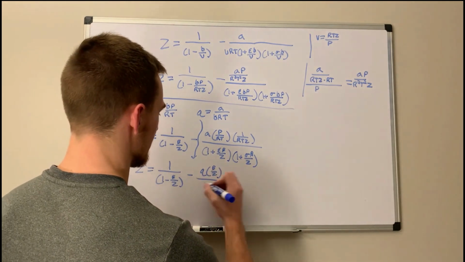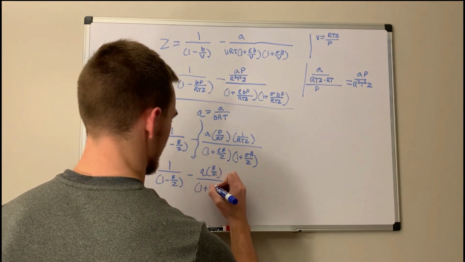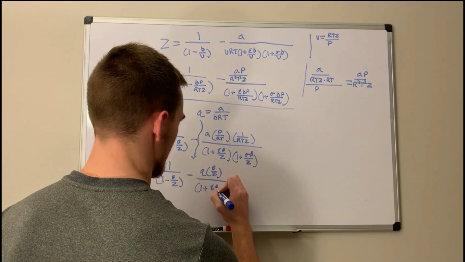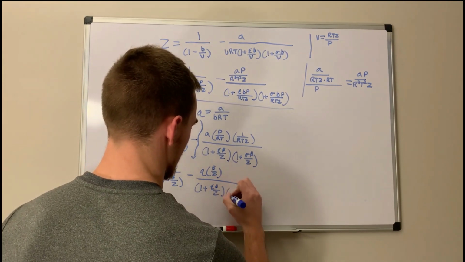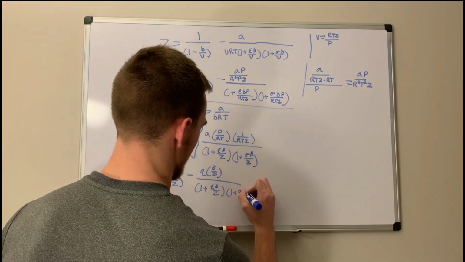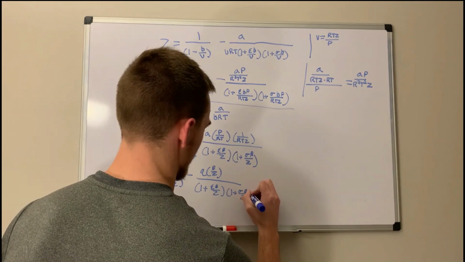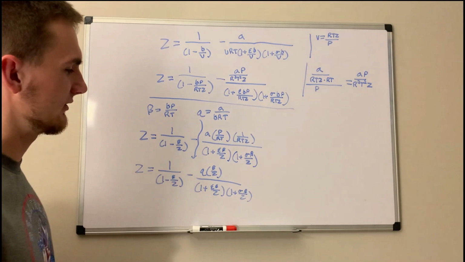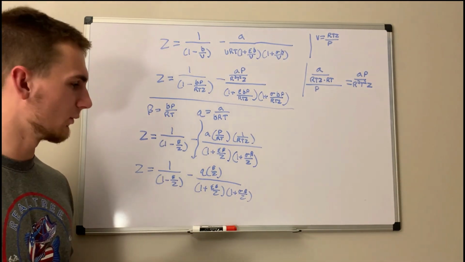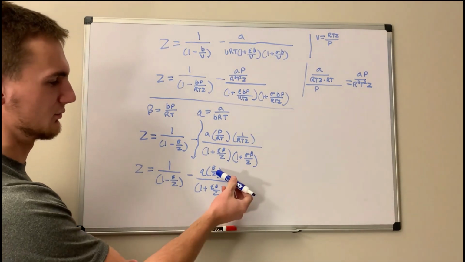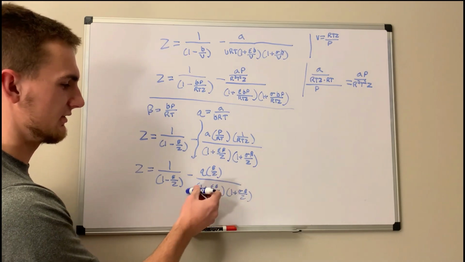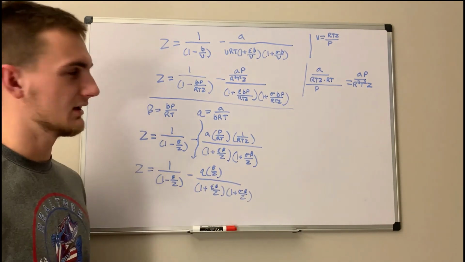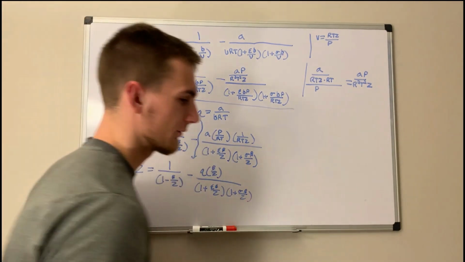And this will all be over, again, 1 plus epsilon beta over Z times 1 plus sigma beta over Z. Okay, so we are down to this expression here. Now, what I'm going to do next is I'm going to actually move this Z here into the denominator, but I'll go ahead and erase and rewrite what we're left with here.